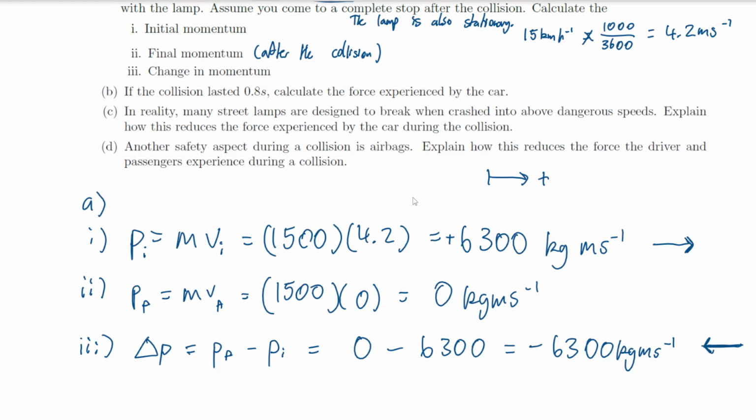And if we define our positive direction clearly at the start, the final sign of our answer will actually tell us the direction. Okay, so that's the change in momentum.